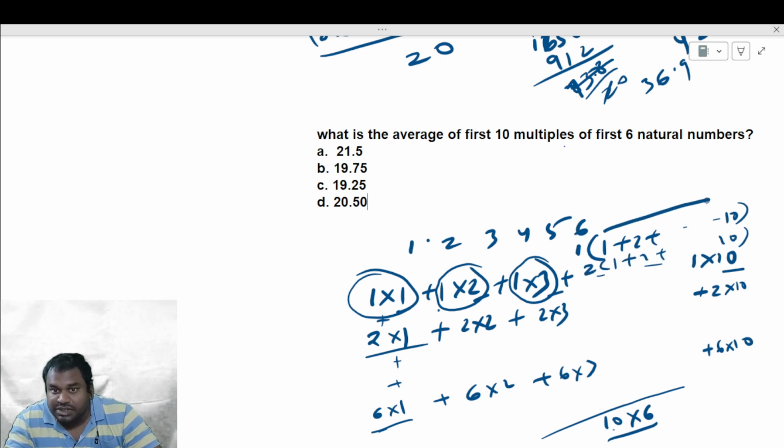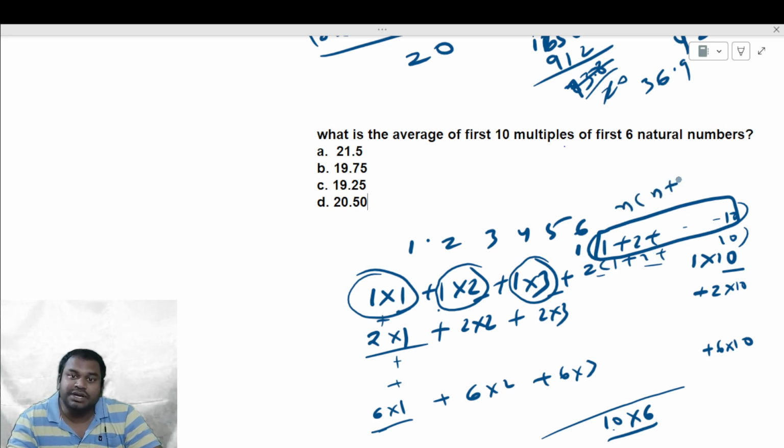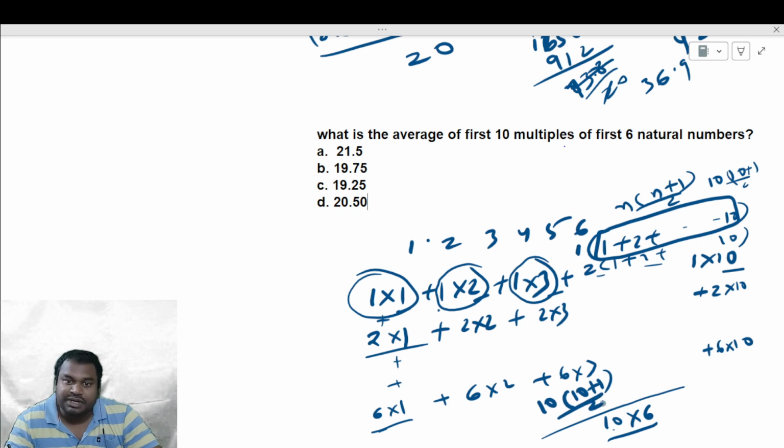So you observe these numbers we are adding: the sum of first 10 natural numbers. What is the formula for that? n into n plus 1 by 2. Means 10 into 10 plus 1 by 2.